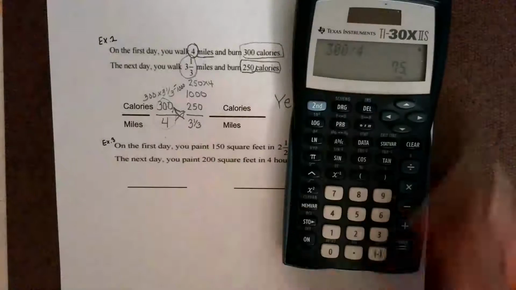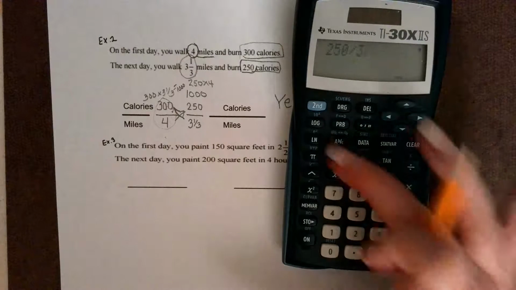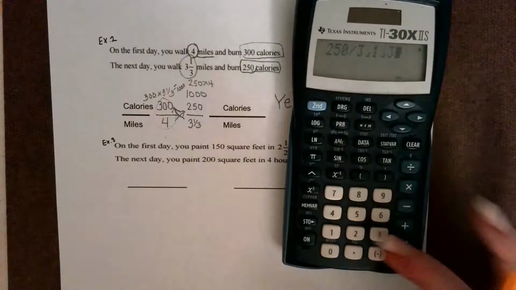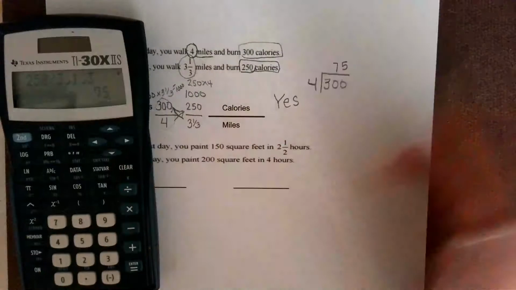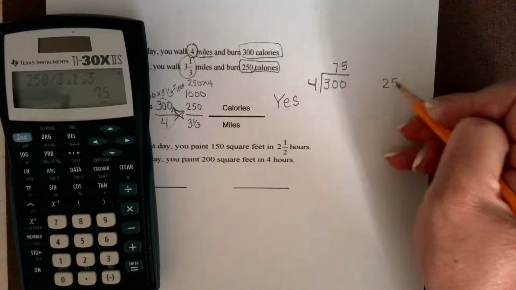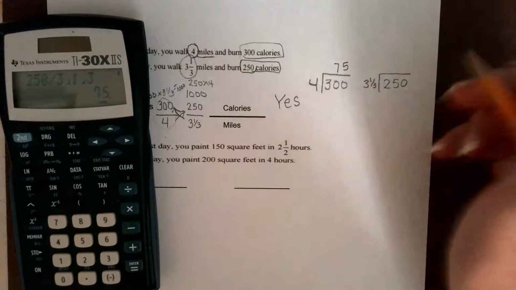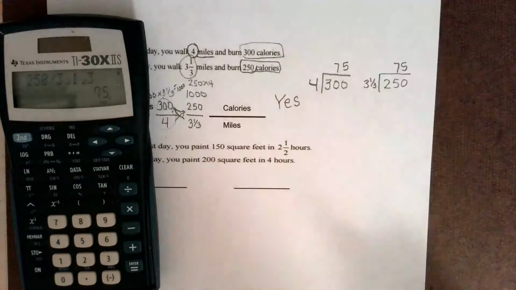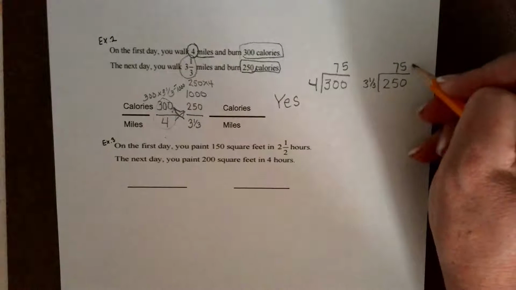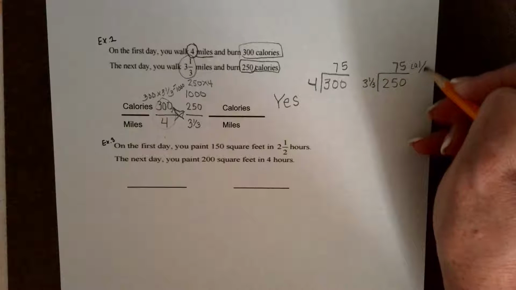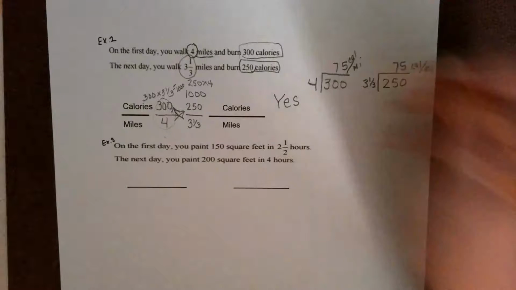And then if I do 250 divided by 3 1/3, that equals 75. So remember that if the unit rate, and that's 75 calories per mile, is the same, they're proportional.